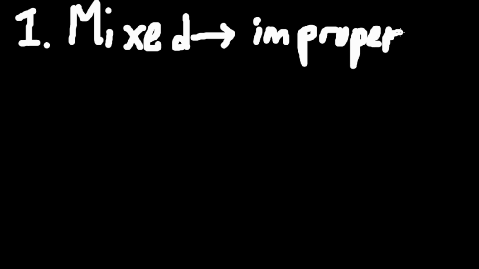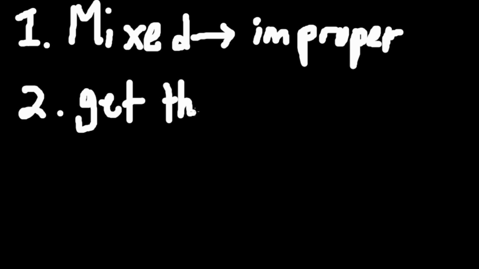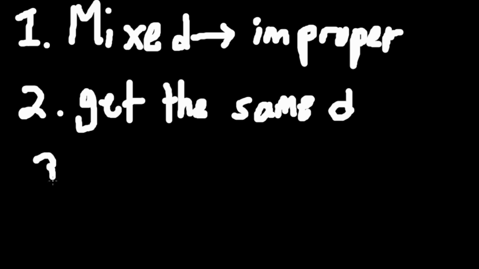Now this is very important, and I'll get to it later, but we then just follow our original steps to add and subtract normal fractions, which is get the same denominator, and then our final step is to add the numerators.